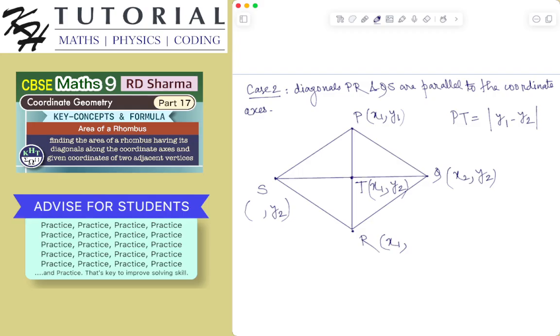Now, what exactly will be the ordinate of the point R?